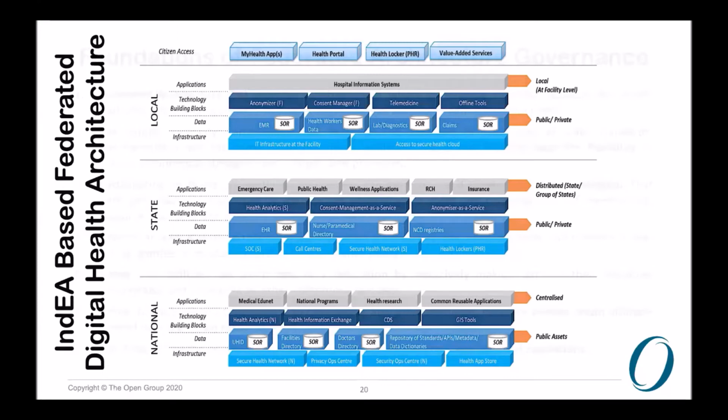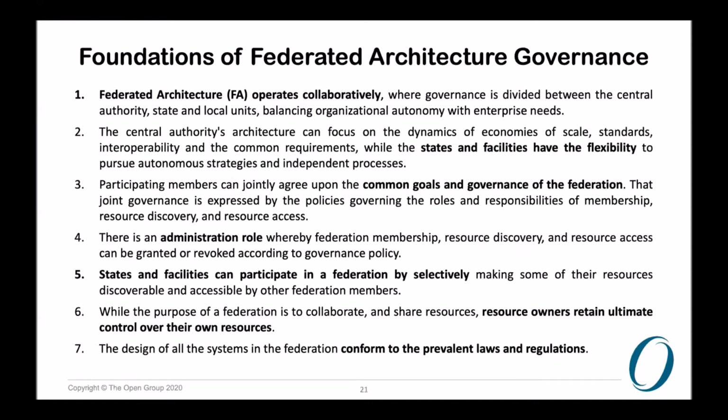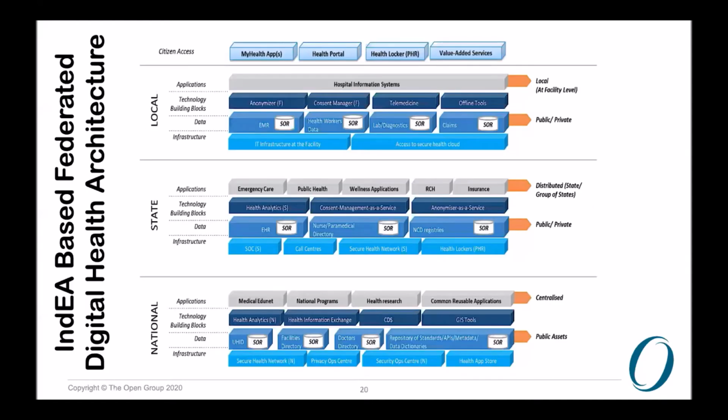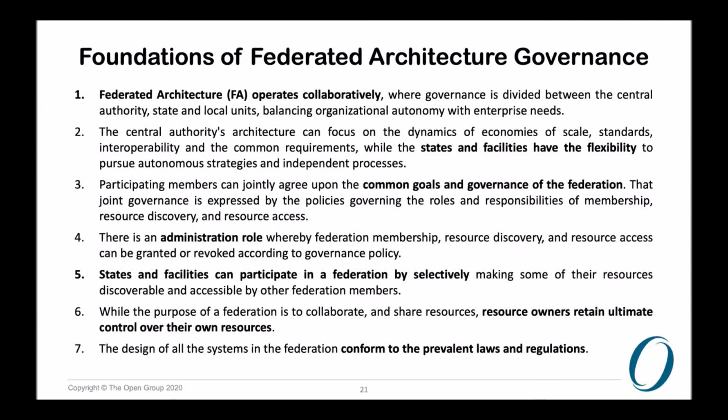And some foundations. When we are using a federated approach, governance is very, very important. So we have identified certain governance mechanisms. Number one, the federated architecture operates collaboratively, which means it calls for collaboration between central, state, and local facilities, because in India, health is a state subject.